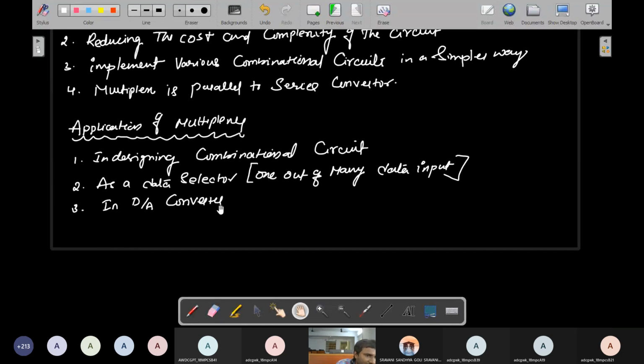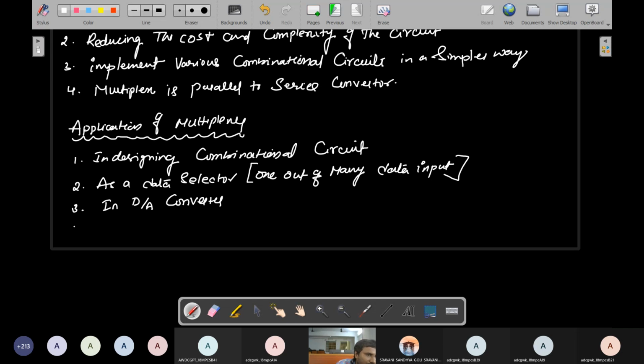If I explain it now, you can't understand it right now, but we will study code converters in the 5th unit. In that, I'll explain what DA converters are.